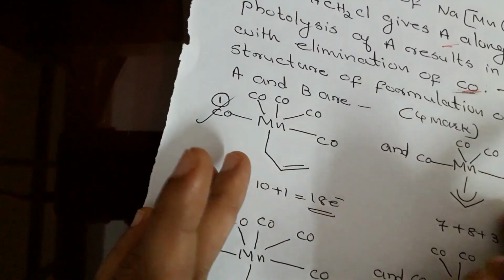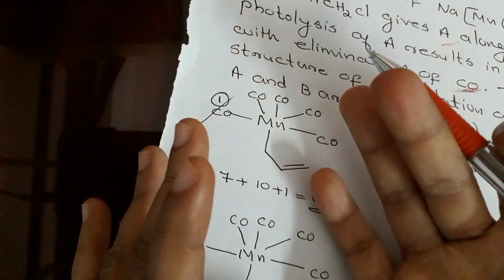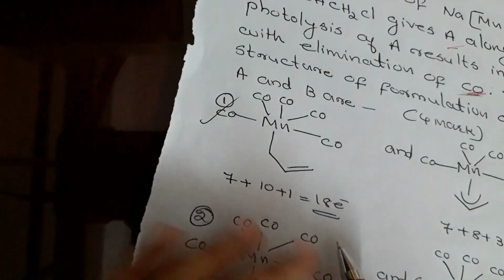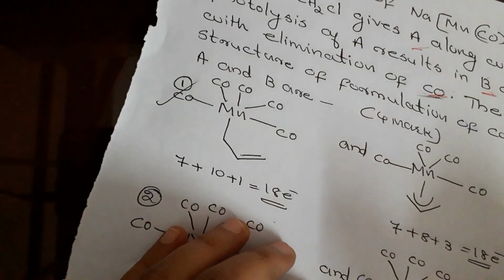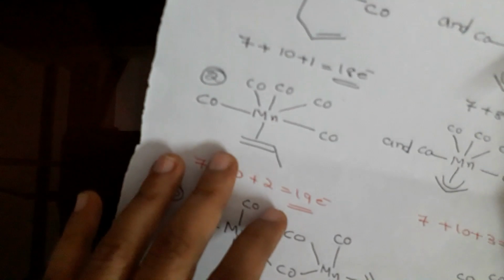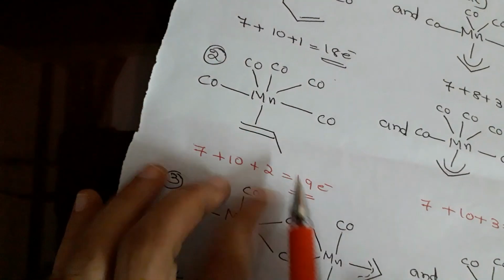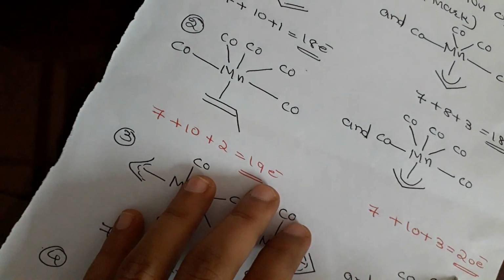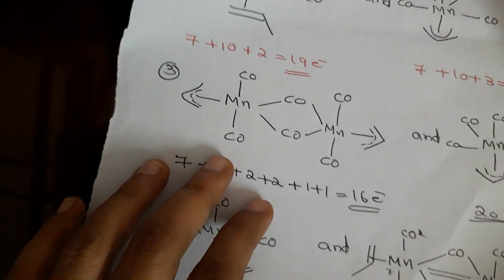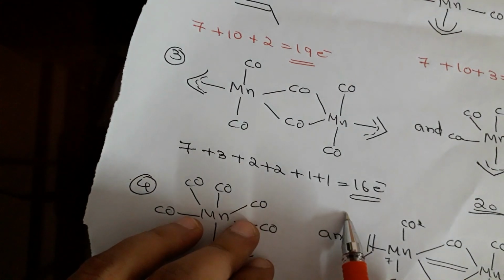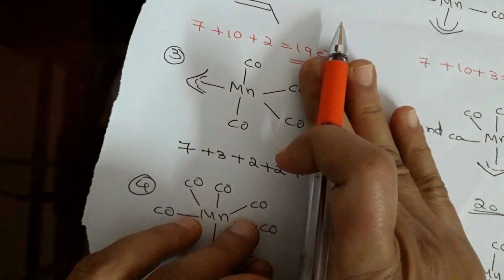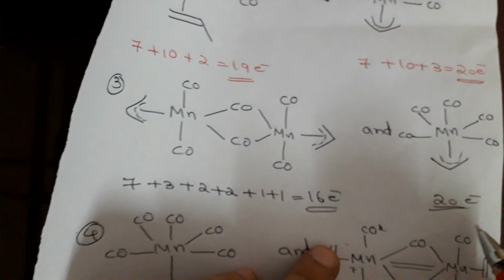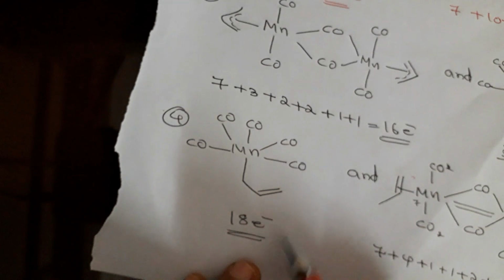So for this type of question, you just calculate the total valence electrons. I calculate this one, total valence electron 18 electron. Here also 18 electron. Second option, I calculate this 19 electron. This I calculate 20 electron. Then the other one, 16 electron. Then here also 20 electron. Then here 18 electron.